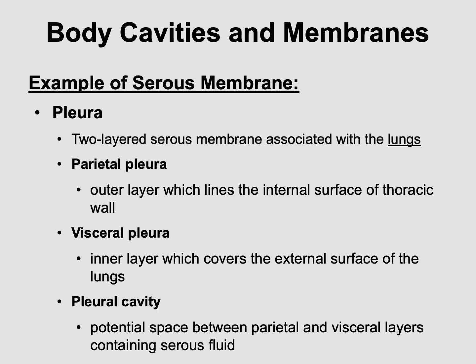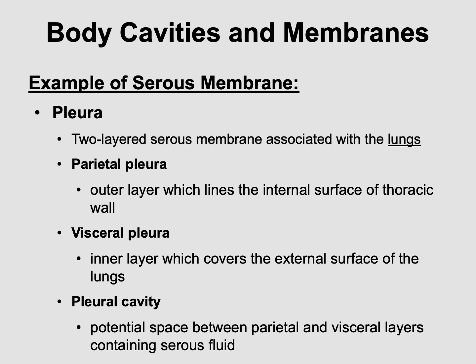The parietal is the outer layer, which lines the internal surface of the thoracic walls, and the visceral pleura is the inner layer, which covers the external surface of the lungs. So once again, we've got the visceral pleura surrounding the lungs, and the parietal pleura is the layer that's on top of the cavity walls.